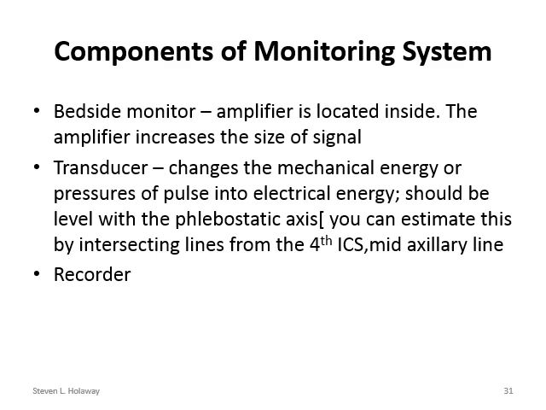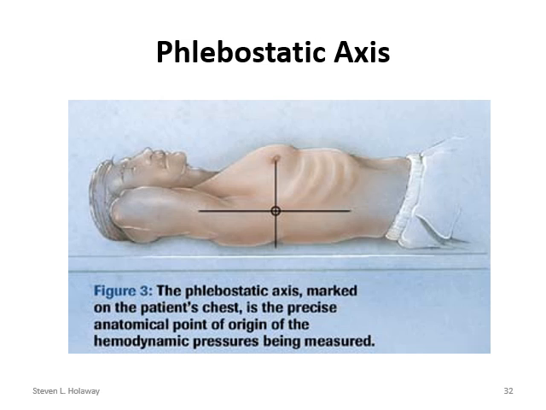Now the transducers must be level with the phlebostatic axis, and you can estimate this line by intersecting lines from the fourth intercostal space and the mid-axillary line. And then some places have a recorder, of course, that's attached to the monitor so that we can actually print out the information.